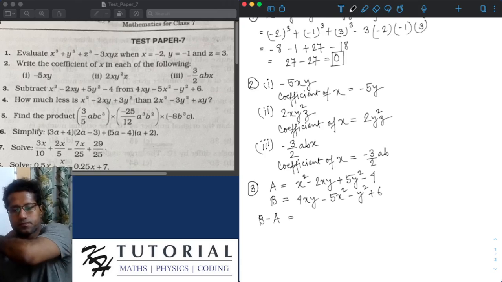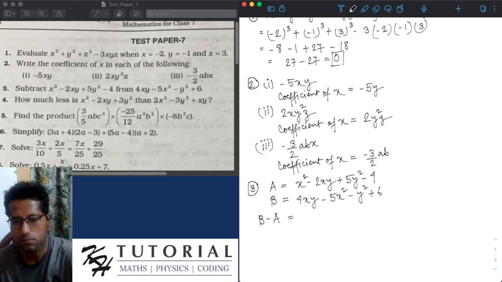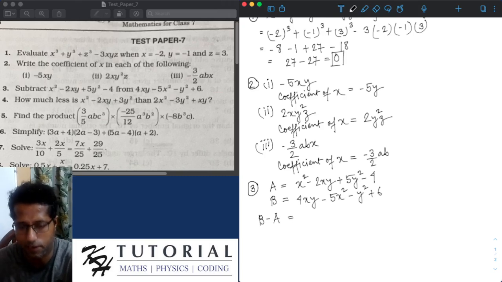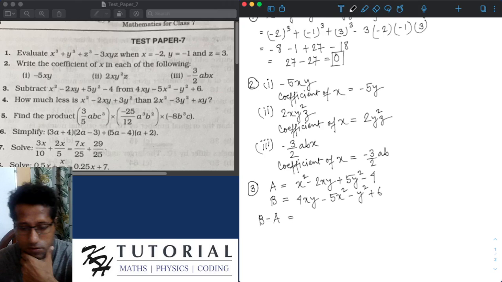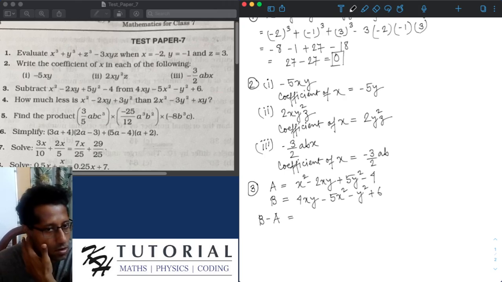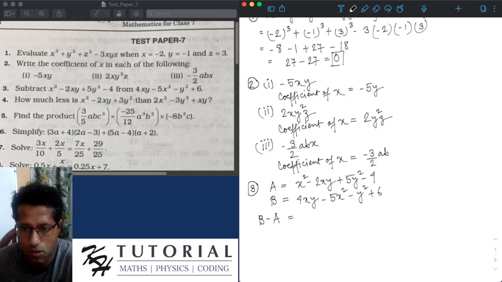Now while subtracting, in subtraction and addition of algebraic expressions where the algebraic expressions have multiple terms, it is always convenient and recommended to use proper grouping symbols. So B, I will write it as 4xy minus 5x square minus y square plus 6 inside a grouping symbol.